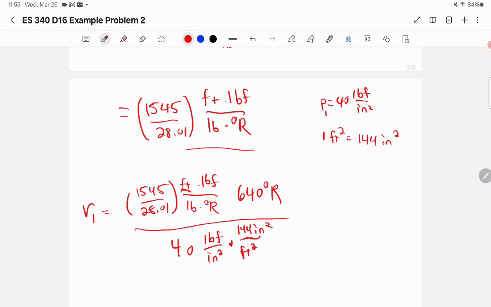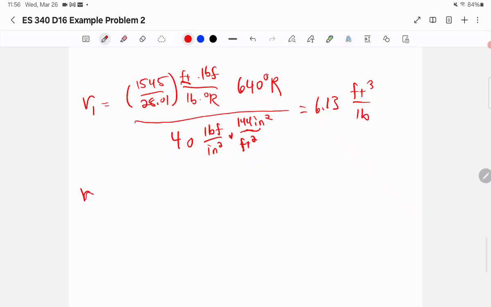So that's what I'm going to have to multiply by in order to get the units into per feet squared, because eventually we want all this stuff to cancel out and get us into feet cubed per pound, which is exactly what this will be. So this works out to be about 6.13 feet cubed per pound.